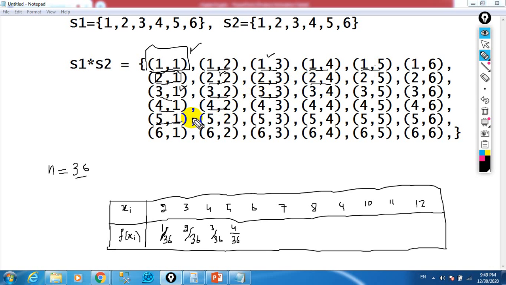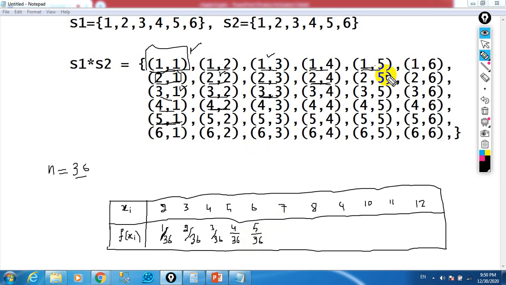There are no other sample points which we add so the answer will be 6. So just this: 1, 2, 3, 4 and 5. So we have 5 sample points. Now 5 divided by 36. So this is the probability of this one.